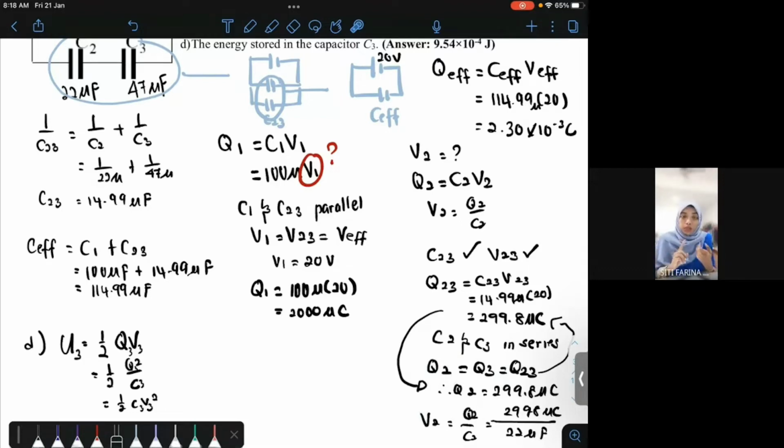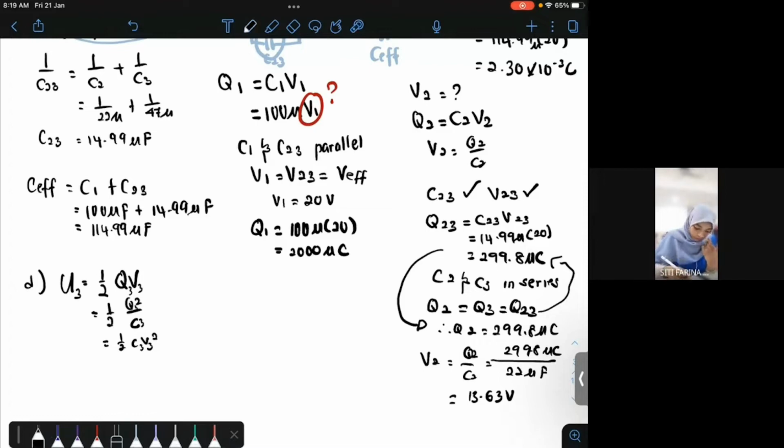So maksudnya boleh tahu Q3, boleh tahu V3, boleh tahu C3 juga. C3 dia memang dah bagi dalam soalan. C3 is given in the question. C3 dia cakap 47 microfarad. Okay, cuba tengok. Ada Q ataupun ada V and then choose the appropriate equation here.